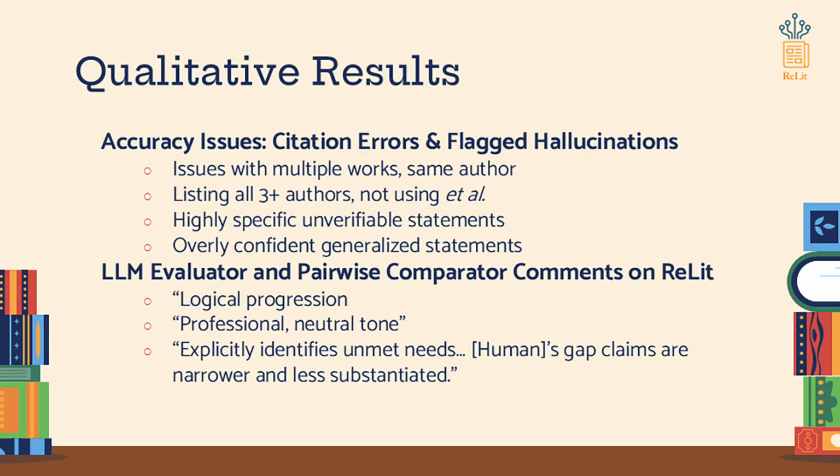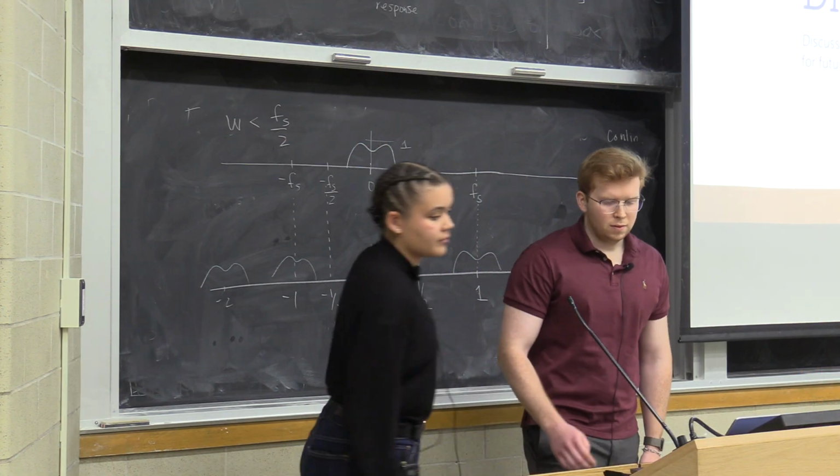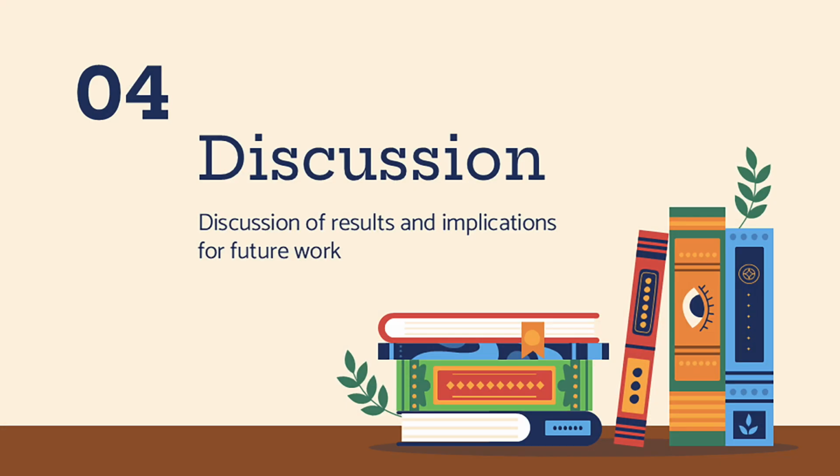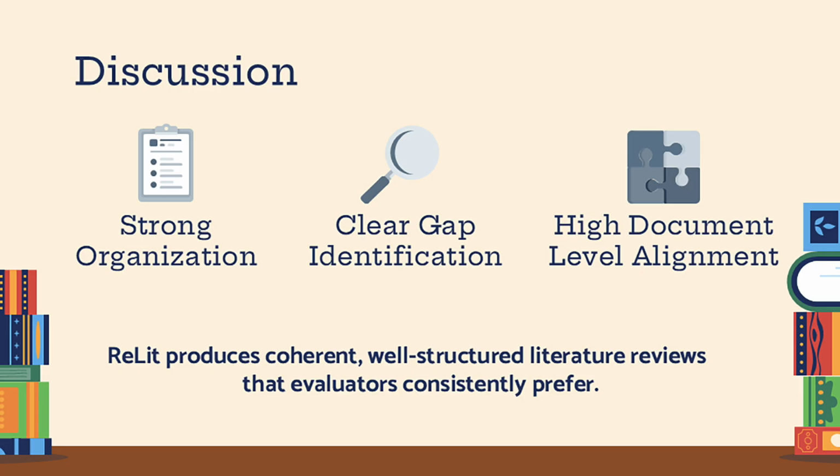Despite this, ReLit's high performance in other categories was repeatedly justified by the LLM evaluator's comments, remarking on its clear progression, professionalism, and explicit gap identification. The LLM evaluators consistently ranked our related work stronger due to its strong organization, and it always explicitly identifies the gap in the existing research. Our related work sections also generally have high document level alignment with the input abstract. Overall, the generated related works are very coherent, easy to follow, and structured.